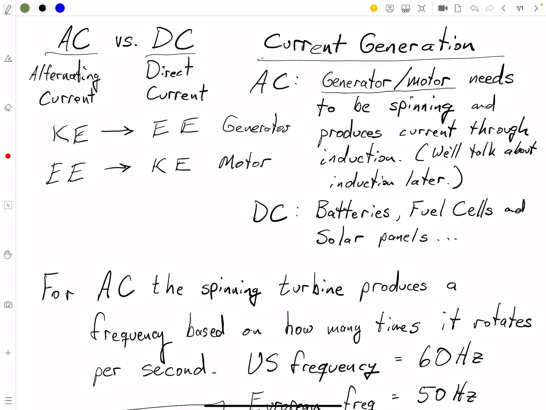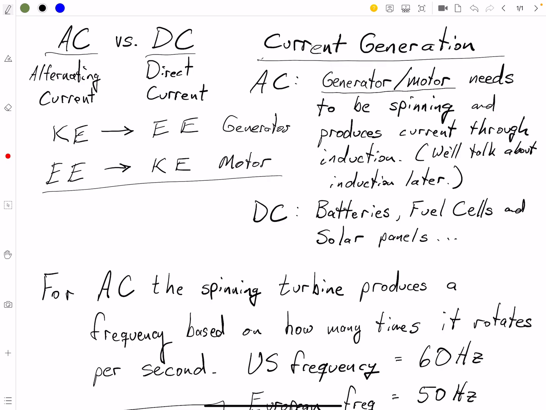So I take my generator and hook all the wires backwards. Then I have an electric motor that will take that electric energy and turn it into kinetic energy. Drive my car or whatever. Okay, so that's current generation for AC.